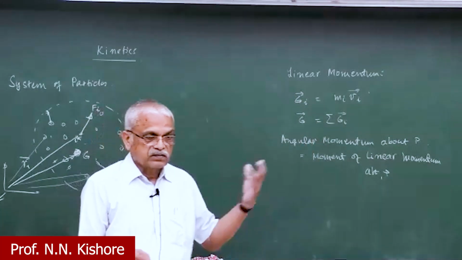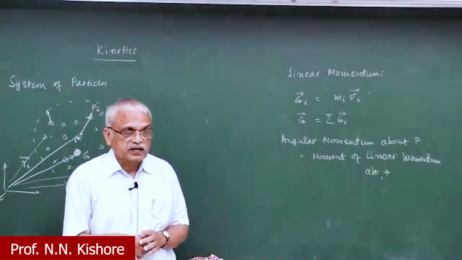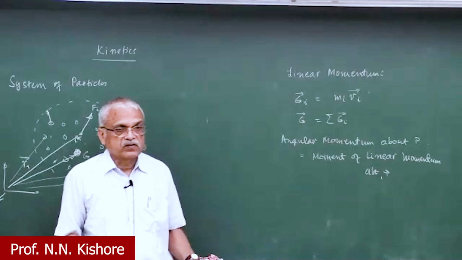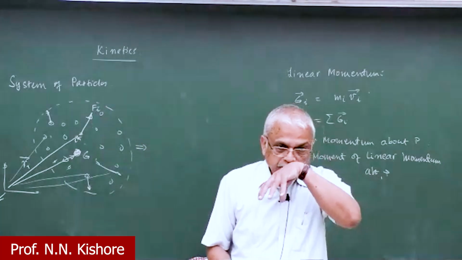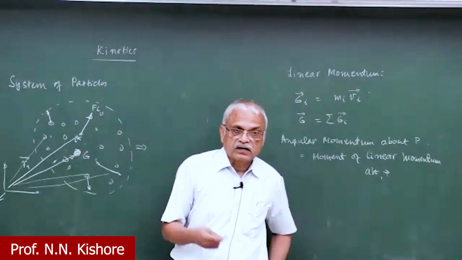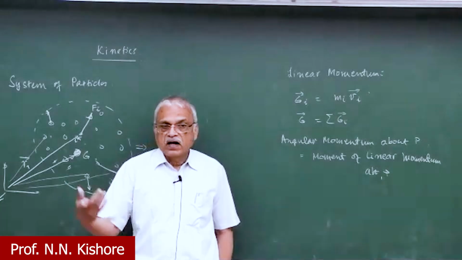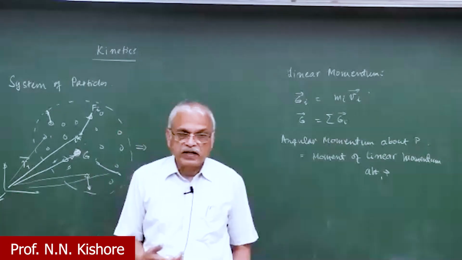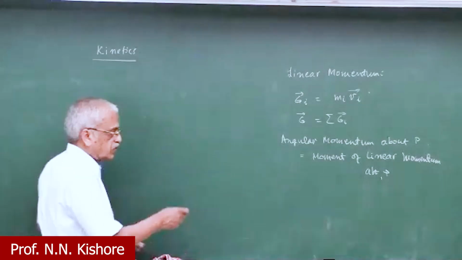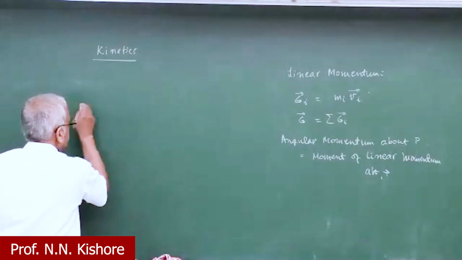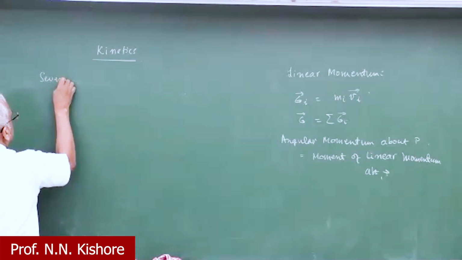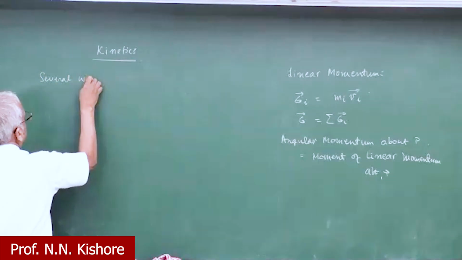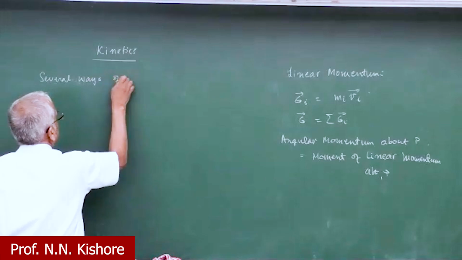So it is the sum of Ri cross gi, and this is how we write Ri cross Mi Vi.